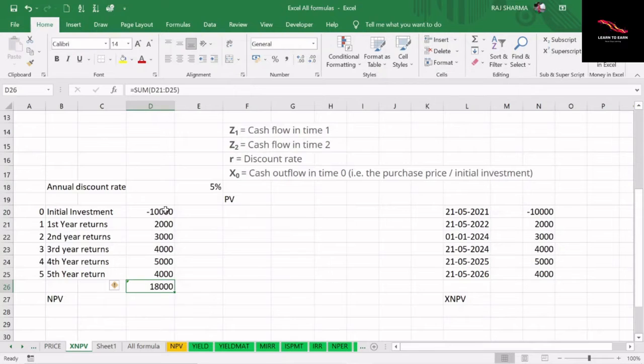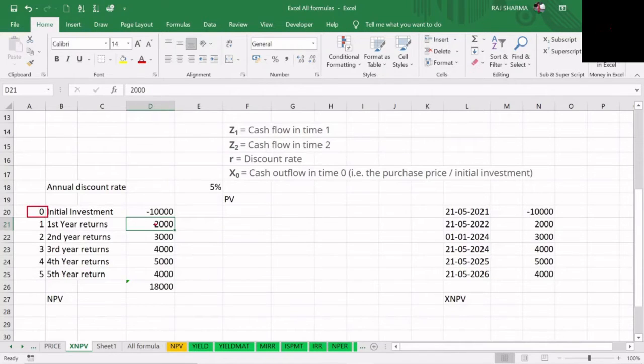This 18,000 is definitely higher than the initial investment, but to compare this project we have to discount these future cash receivables and bring the present value of these future cash receivables to the initial investment date, i.e. the zero period.